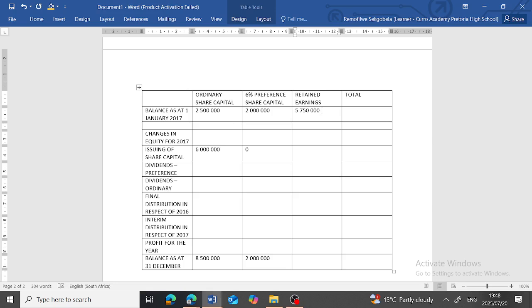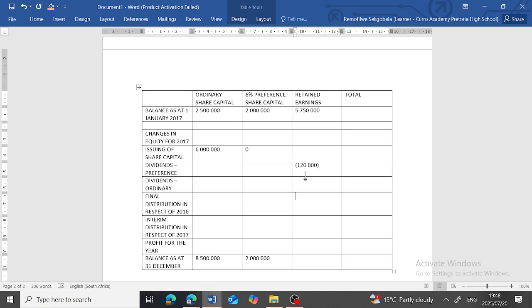And then what do we have here? We have final distribution, interim distribution, and dividends. Remember, we calculated our dividends to be 120,000. This is going to be in brackets because it reduces our retained earnings.